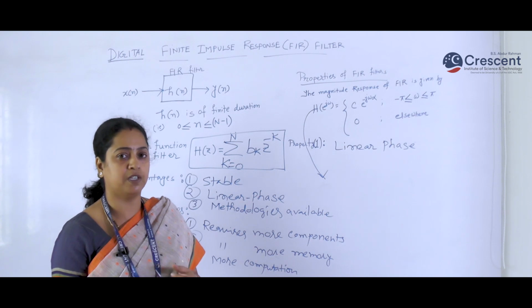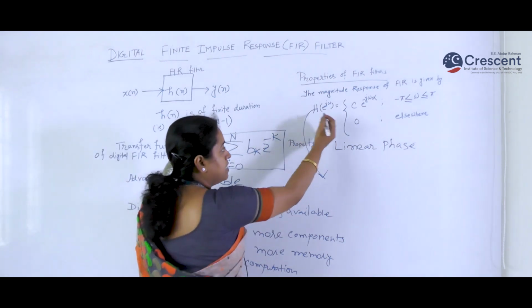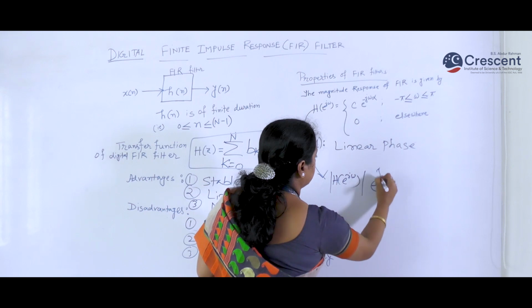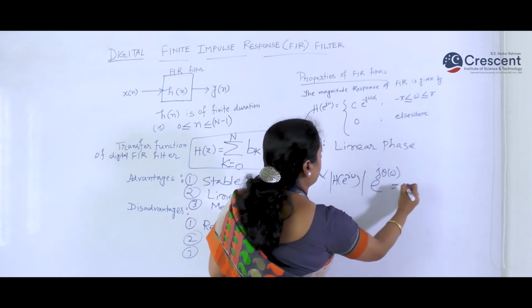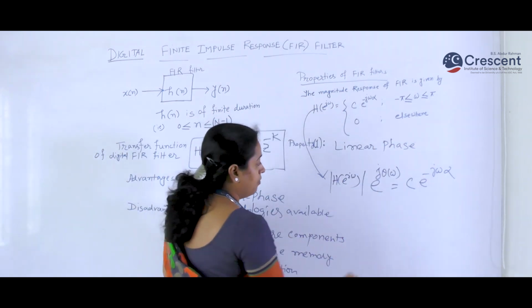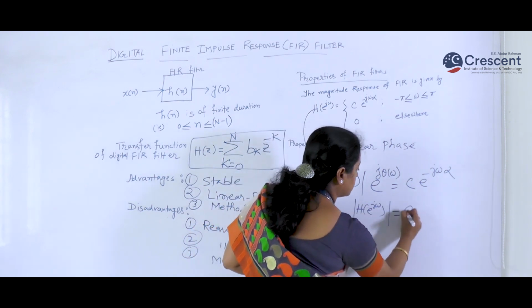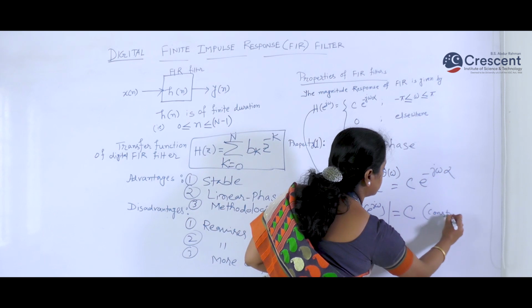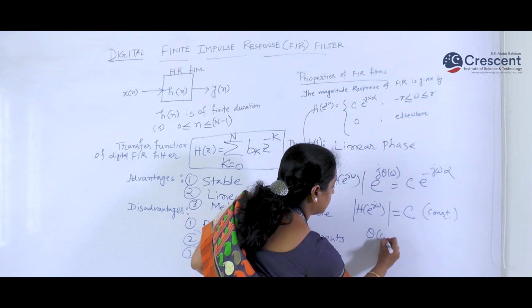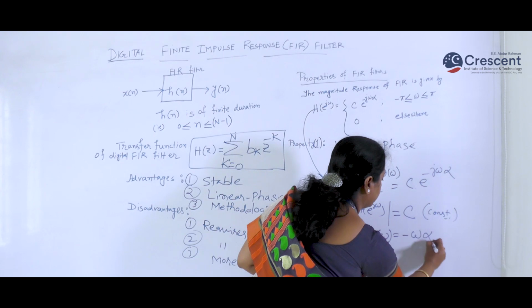and we know that any complex function can be written in terms of its magnitude as well as phase. So when we write this H of e power j omega, its magnitude and also its phase, it is equal to C into e power minus j omega alpha according to this equation, where the modulus of H of e power j omega is equal to C, which is nothing but a constant, and this theta of omega, nothing but the angle or the phase, is matching with minus omega into alpha.